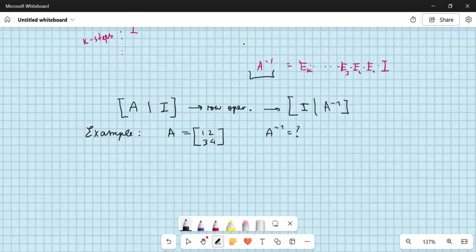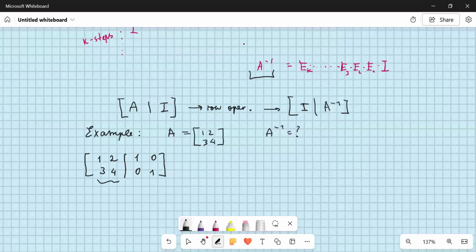Well, I'm going to start using my method. 1, 2, 3, 4, a little bar, and the identity matrix. And I'm going to do this row elimination until I turn this one into identity, and this one automatically is going to be turned into the inverse.